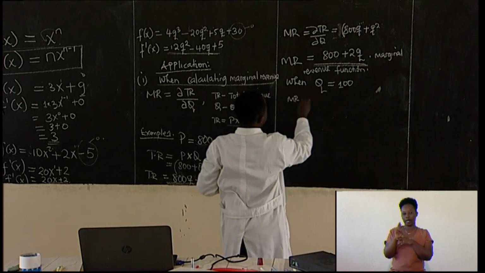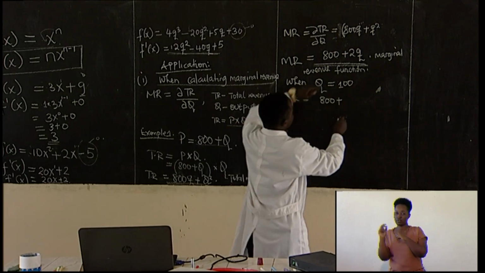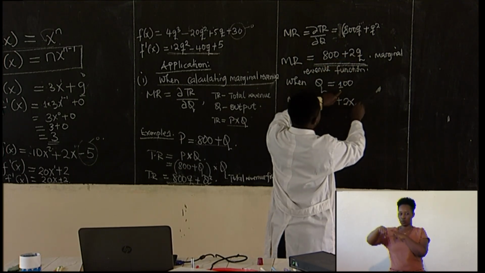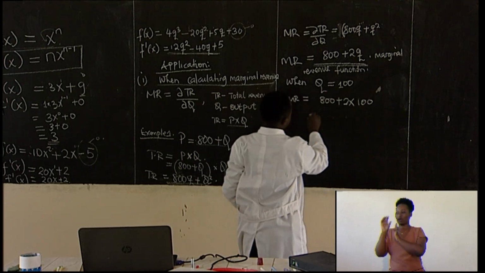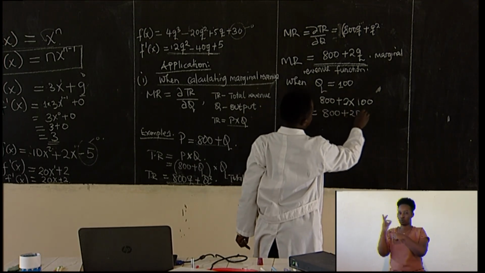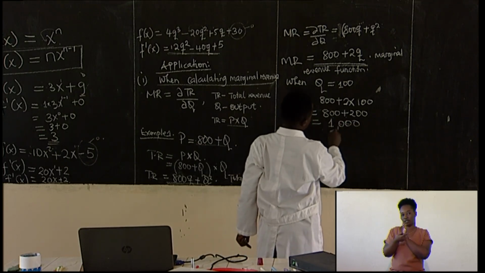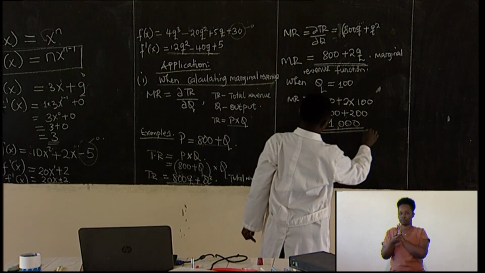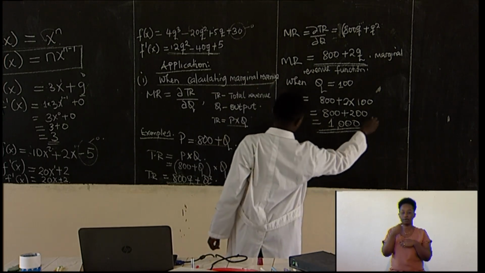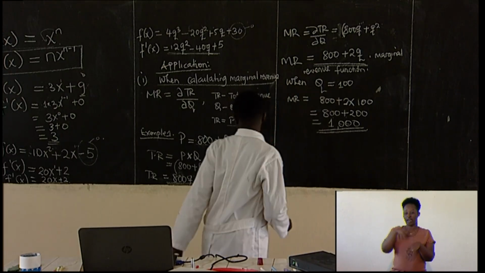So your marginal revenue will be 800 plus 2 times output Q. But Q is 100, so it is 800 plus 200, which gives 1,000 francs. So this is your marginal revenue when output is 100.